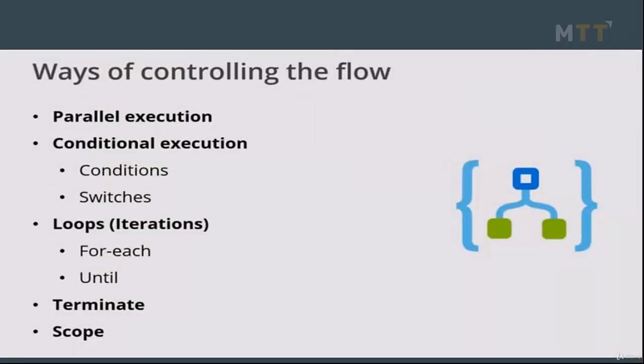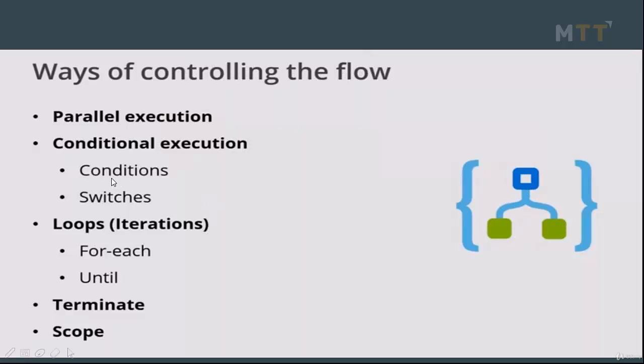These are the ways you control the flow of your logic app workflow. You can have parallel execution, you can have conditional execution. This shows it's a parallel: after one activity, you're going to execute two more activities parallelly.